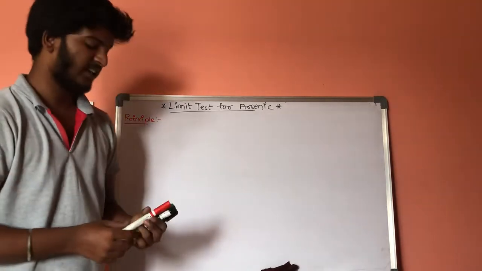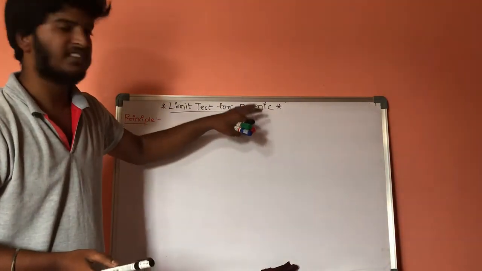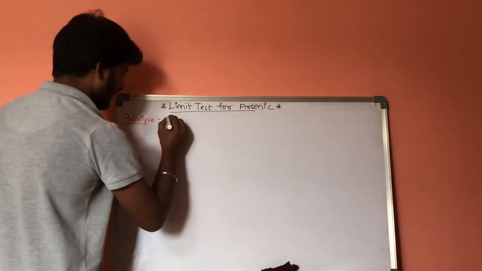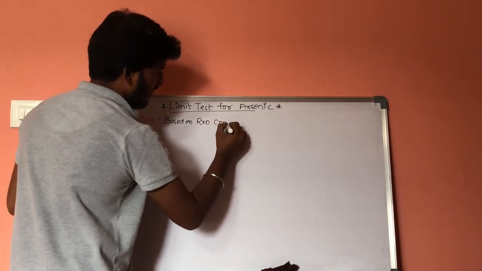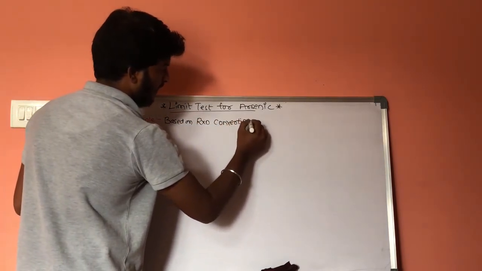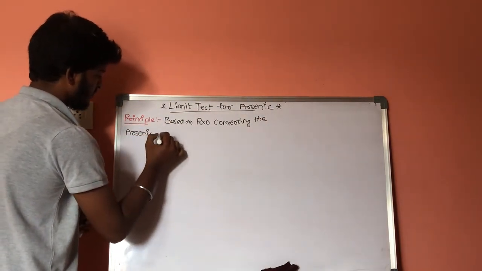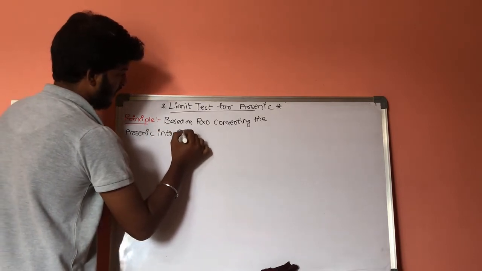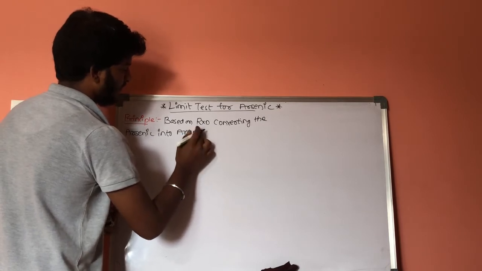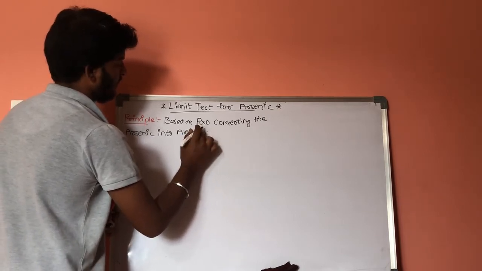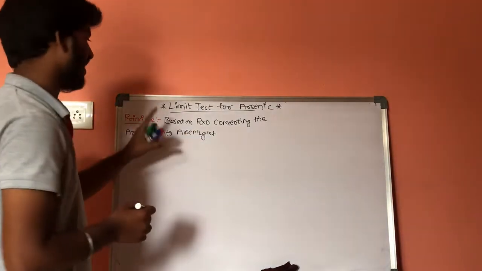The limit test for arsenic is based on conversion of arsenic into arsine gas based on a reaction, that is converting the arsenic into arsine gas.